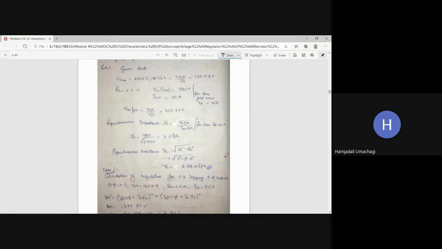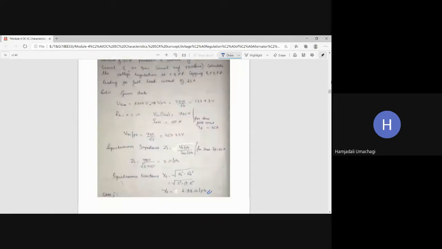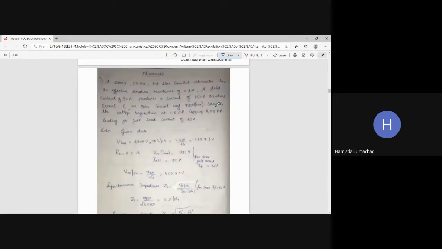After getting the value of XS, what do we need to calculate? Calculate the voltage regulation at 0.8 power factor lagging as well as 0.8 power factor leading for a full load current of 25 ampere. So this full load current of 25 ampere is the IA value here.